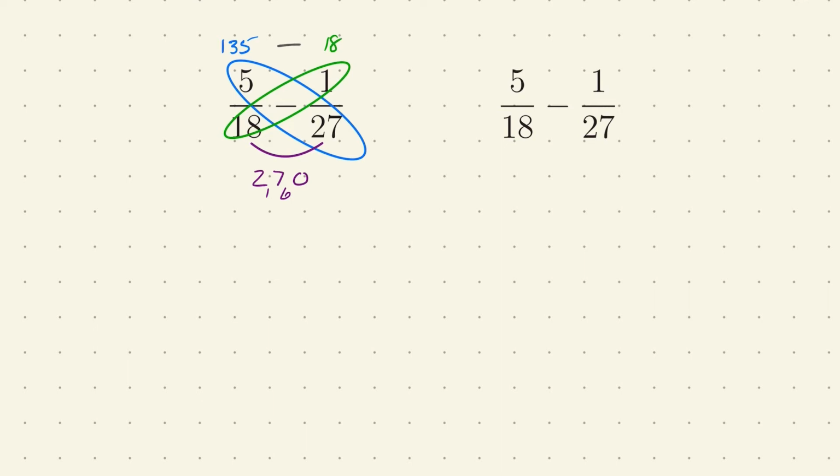Then I have 8 times 7. These are both in the ones place, so that's 56. So I have 56 here.